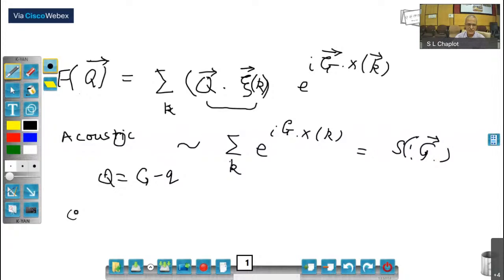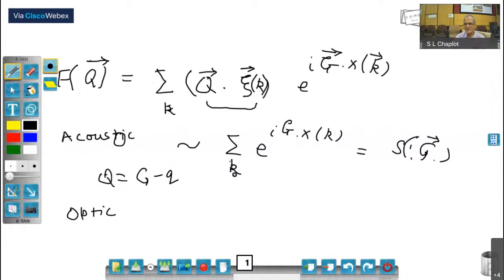However, for optic modes, what happens is that the vibrations of atoms inside the unit cell can be out of phase with respect to each other. It means depending on the K, for some K it may be positive, for another K it may be negative. And in such a case, you get a cancellation of terms.